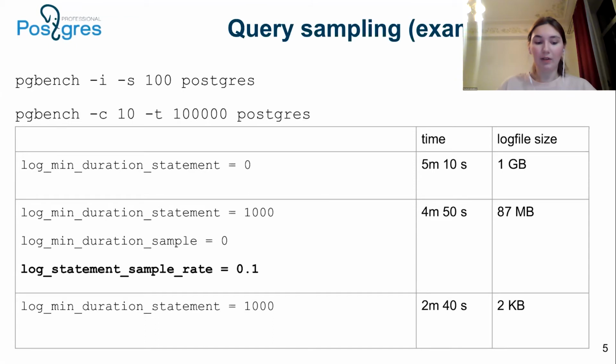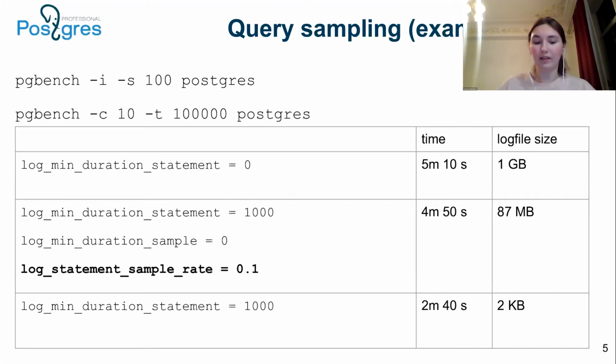With sampling enabled, the timing looks slightly better than without it, but to be honest, I wouldn't take this time metric seriously because it's just a test with all default settings on my laptop. You surely can get better results with proper tuning. What is more interesting here is the log size difference.